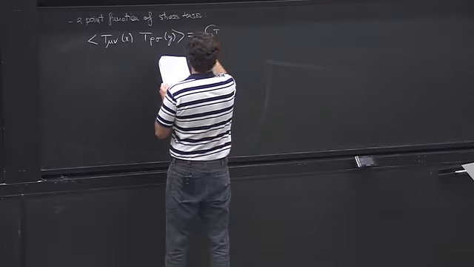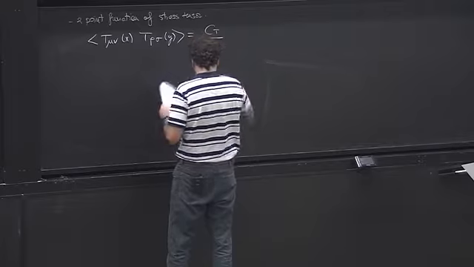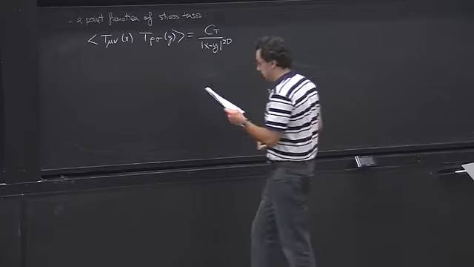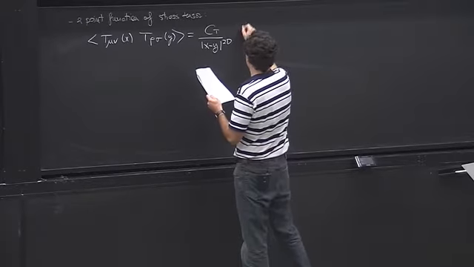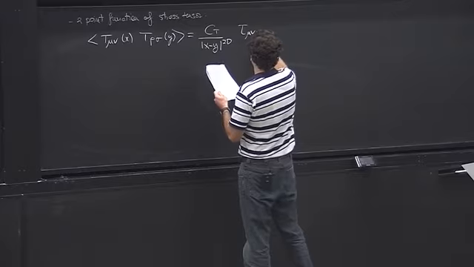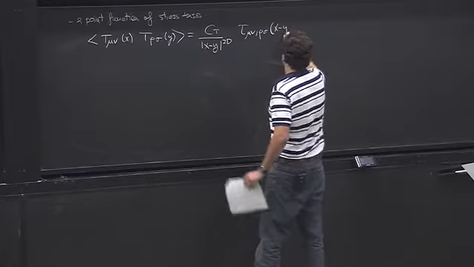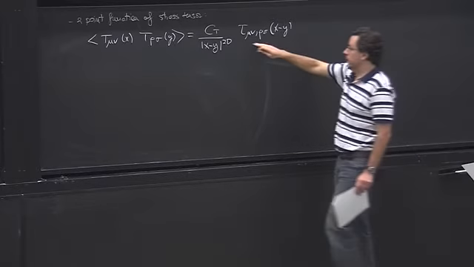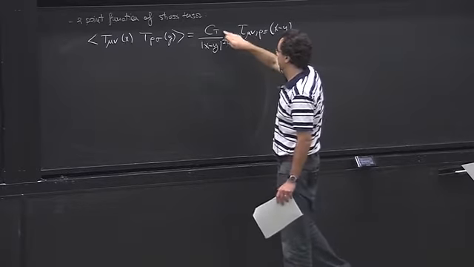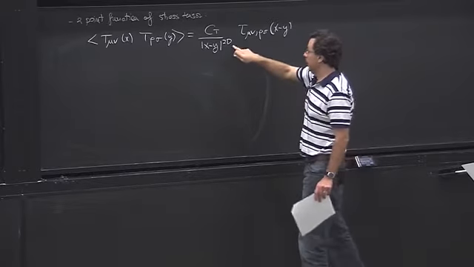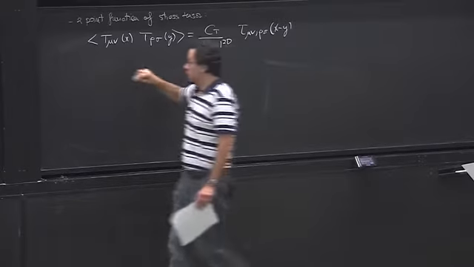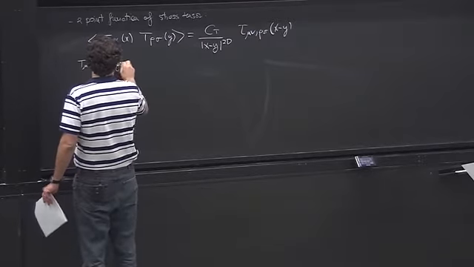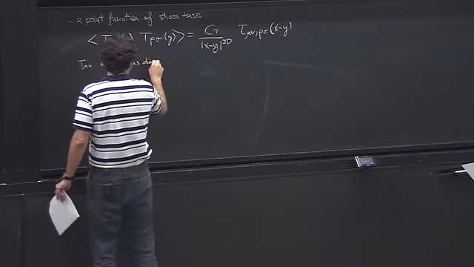So again, I claim that just based on rotational invariance, translational invariance, and scale invariance, this is the general form of the 2-point function. Here I use D because the stress tensor always has dimension D.